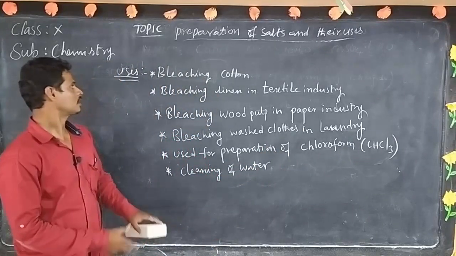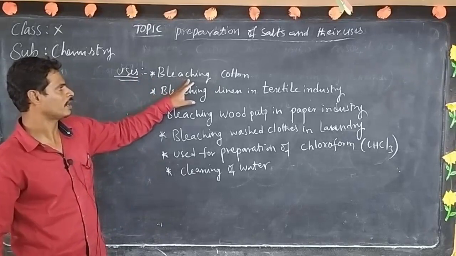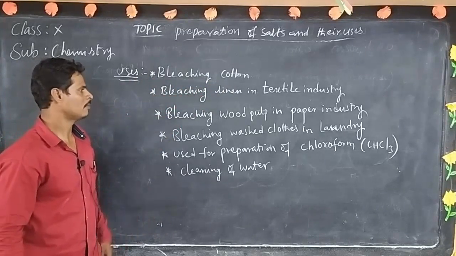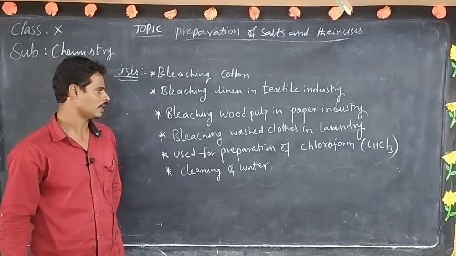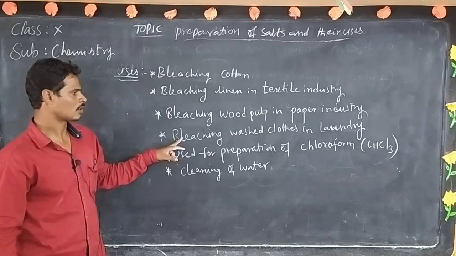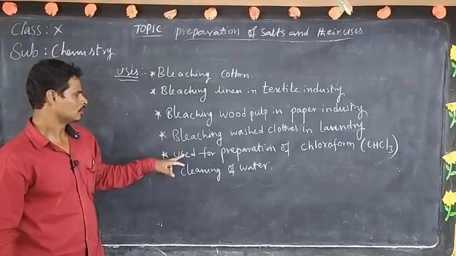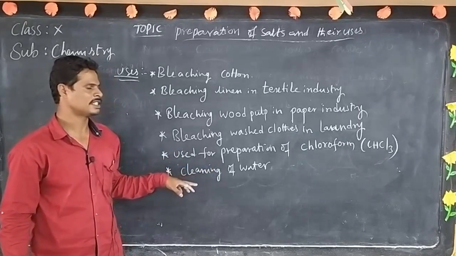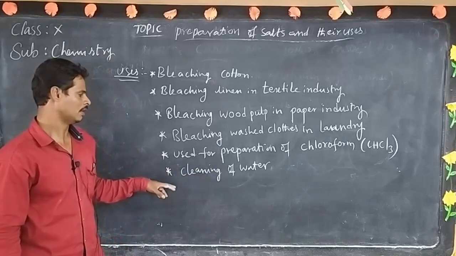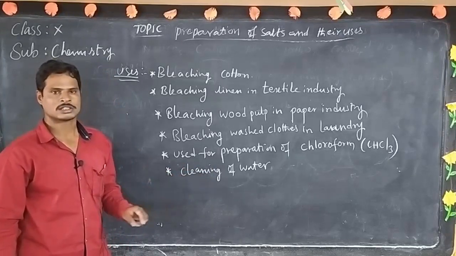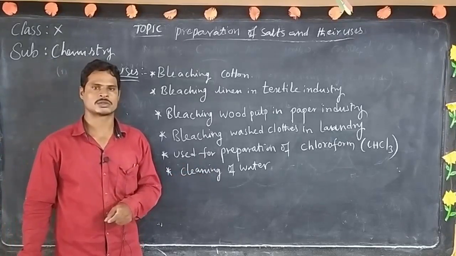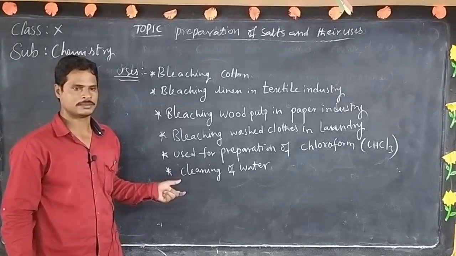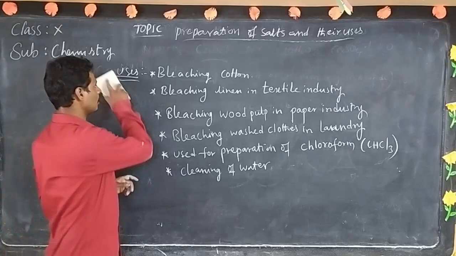So these are the uses of bleaching powder. First one, bleaching cotton, bleaching linen in the textile industry, bleaching wood pulp in the paper industry, bleaching washed cloth in laundry, used for preparation of chloroform, CHCl3, trichloromethane. Also for cleaning of water. Suppose in our surroundings we use bleaching powder to purify the water.